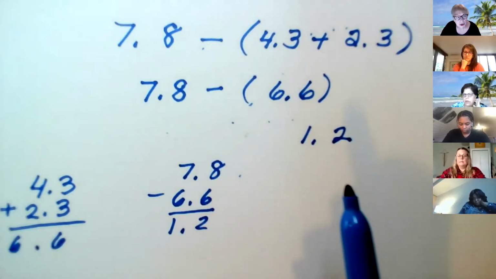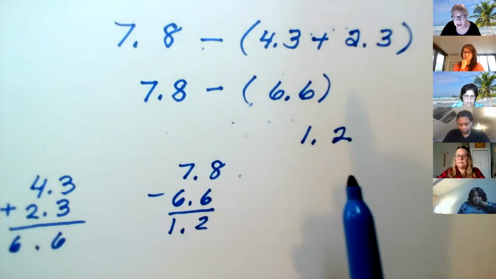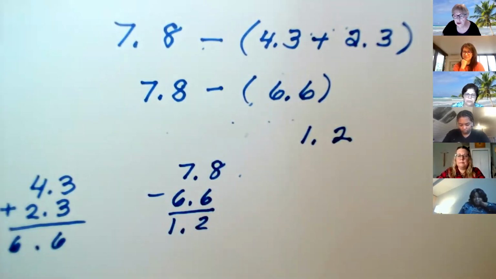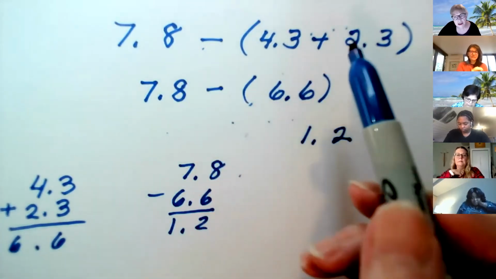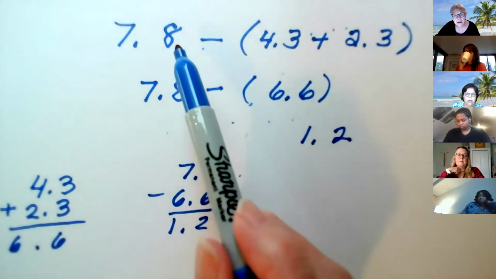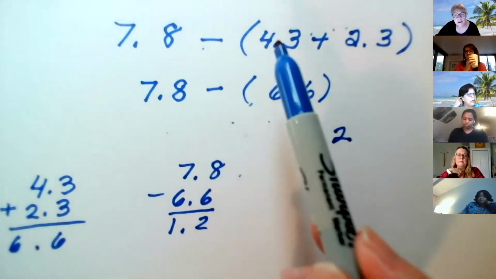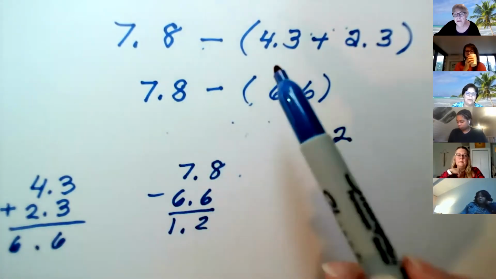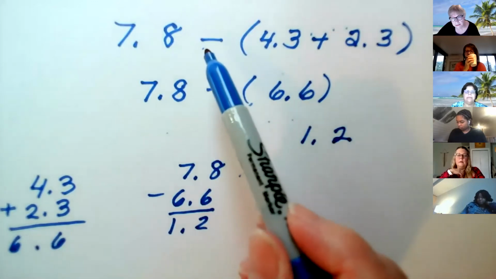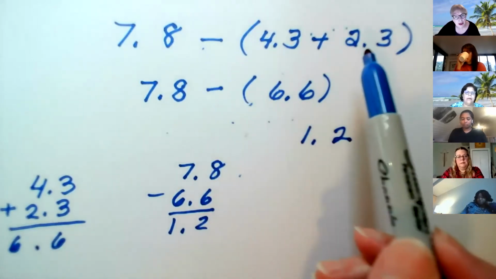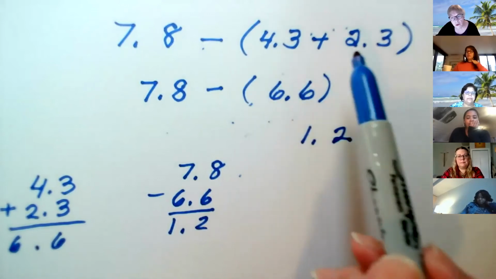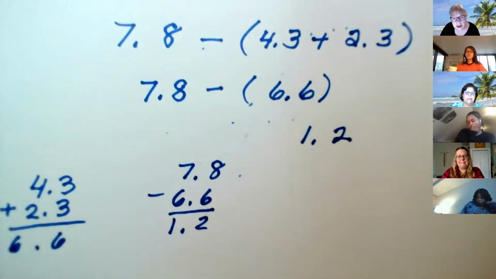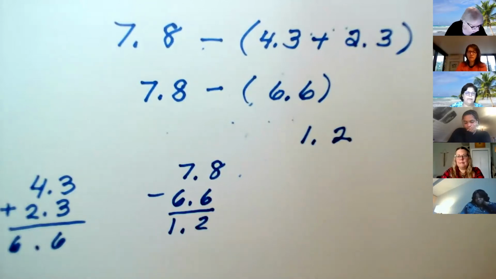And those students had the worst time because they couldn't see an error to save their life. Because they were just used to press, press, press, press. And see, order of operation, if you type this in, 7.8 minus 4.3 plus 2.3, it will not get you the right answer because both of these are subtracted. And so without the parentheses and the knowledge of order of operation, even the silly calculator can't get it right. And so you have to have some control of this.